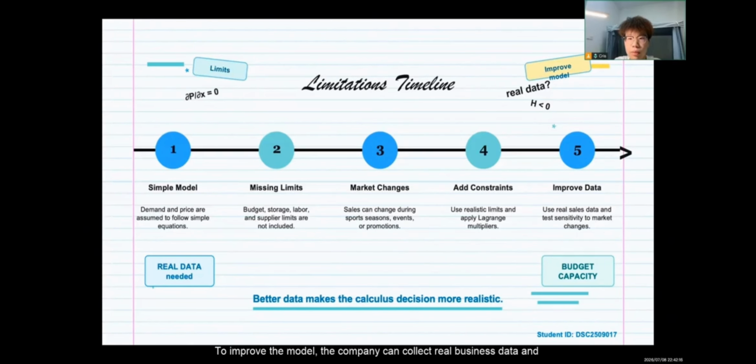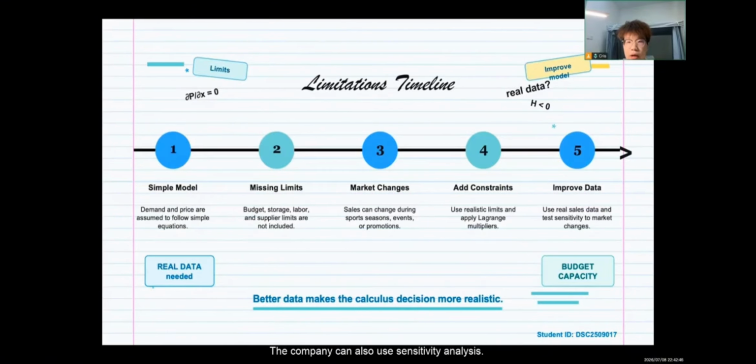To improve the model, the company can collect real business data and update the function regularly. It can also add constraints such as budget, labor hours, storage space, and production capacity. If constraints are included, we can use Lagrange multipliers to solve the optimization problem.